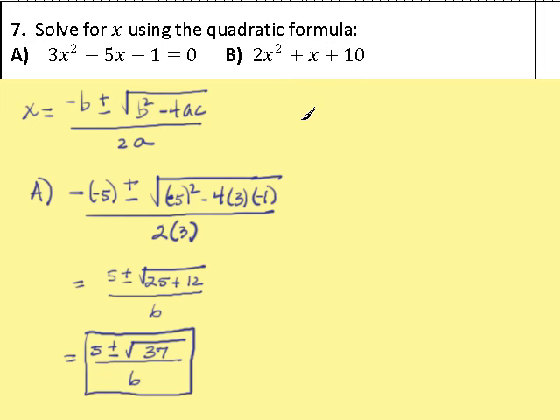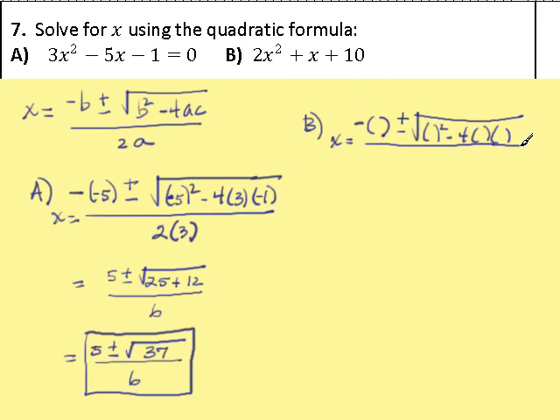All right, let's go to B now. So we have x equal, let me put x equal over here as well. Okay, x equal, and I'm going to rewrite the quadratic formula with parentheses, negative b plus or minus the square root, b squared minus 4ac.